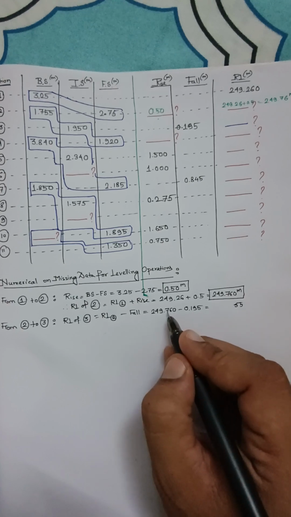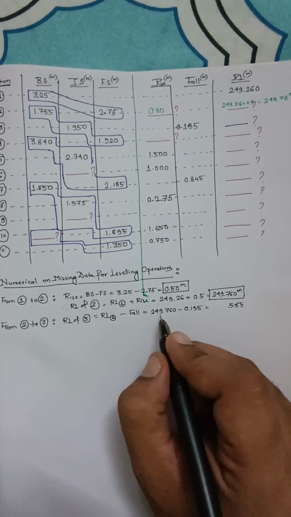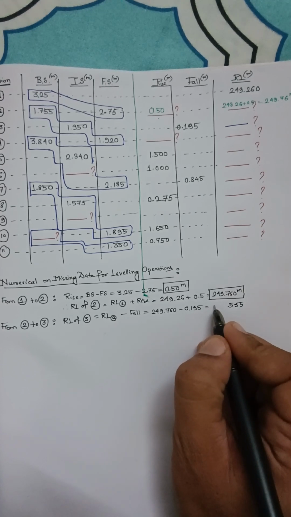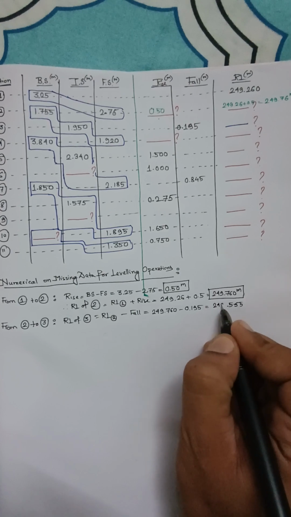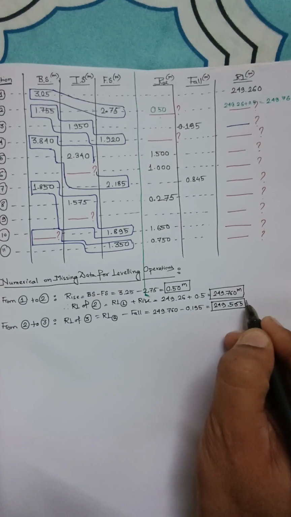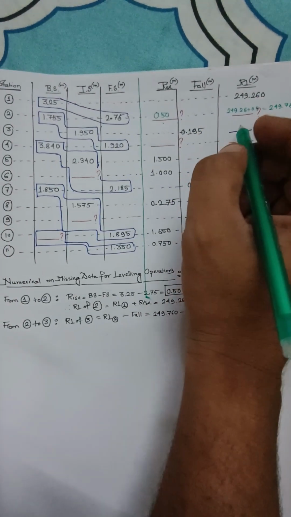So 7 becomes 6. 6 minus 1 is 5. 555 over here, and this one is 249.555.